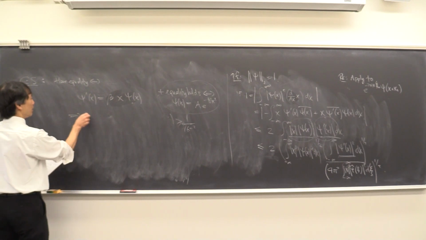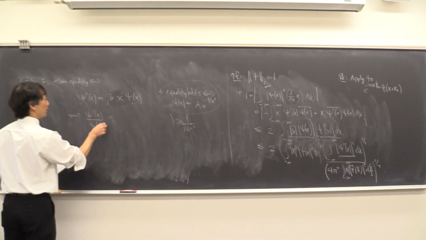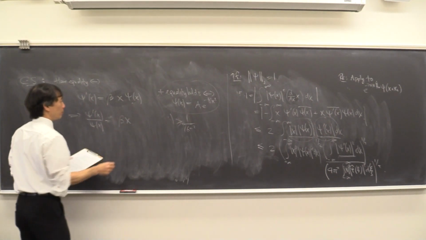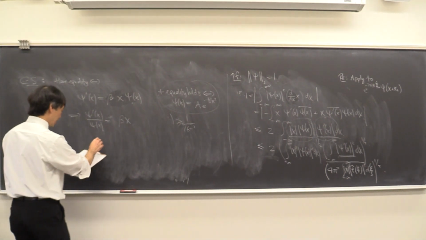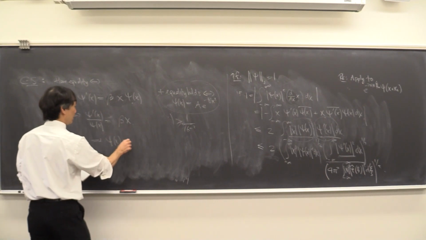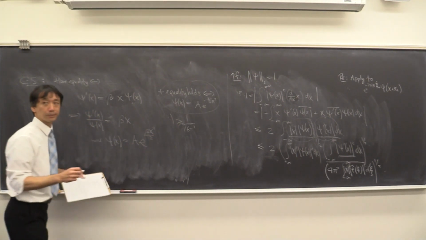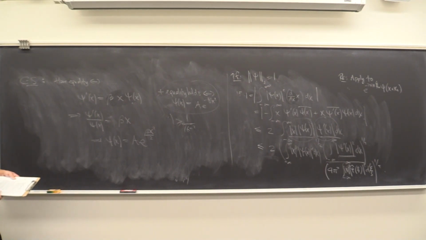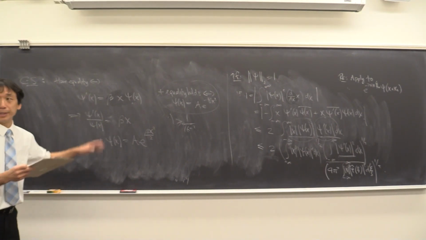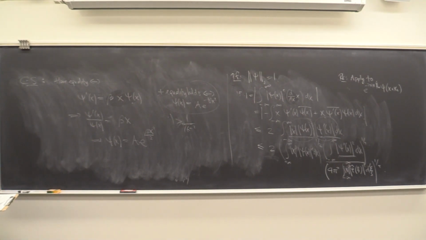Because then C prime over C must be beta times x, which tells you that C must be some constant times e to the beta x squared over 2. And that's the end of that chapter.